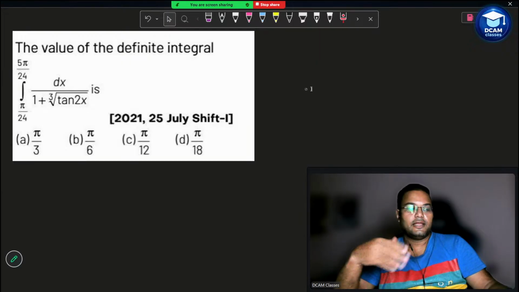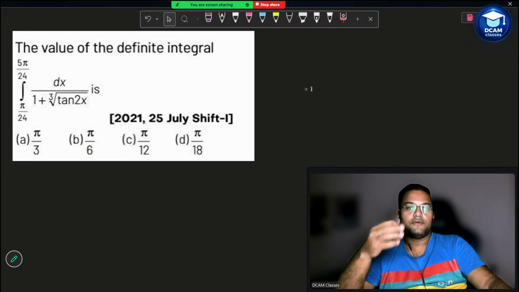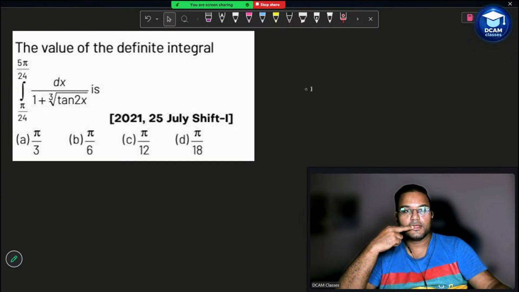When I analyze the students, they find physics tough because of the patience level. Thinking for physics actually requires patience. Mathematics is direct.